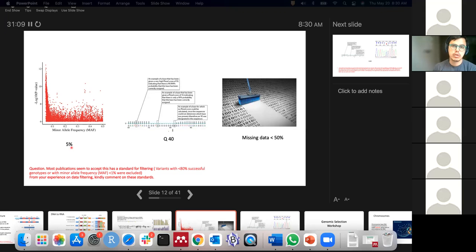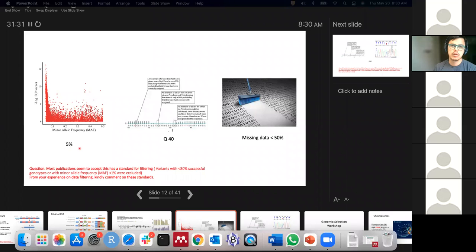If you are using GWAS, for example, it's going to be so difficult to identify an association with an allele that is in just 1% of your population, for example. It's going to be tricky.